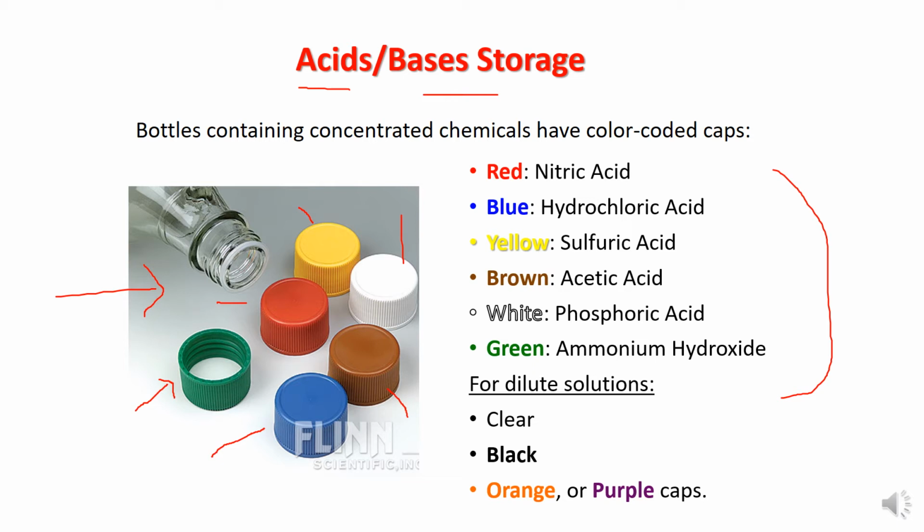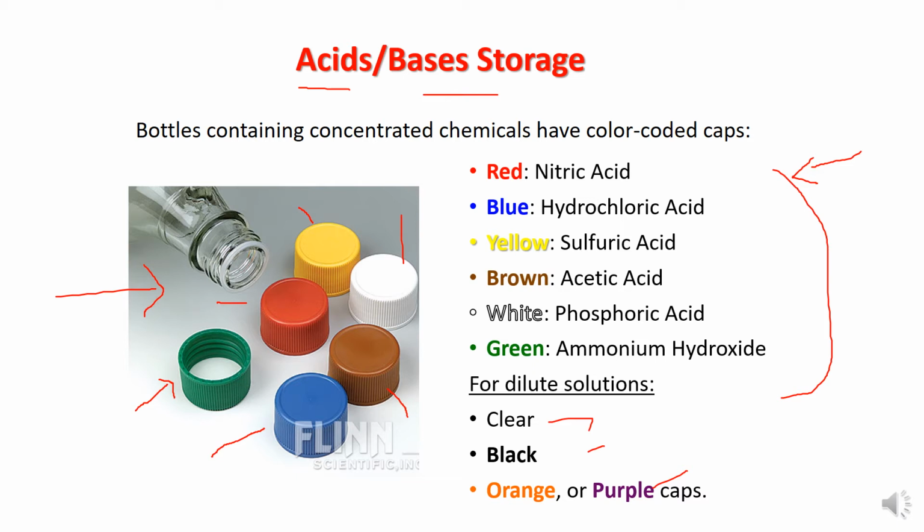And then there are certain colors, for example clear, black, orange, purple. These are for stocks, and stock means concentrated chemicals. These color caps are used for the concentrated stocks.